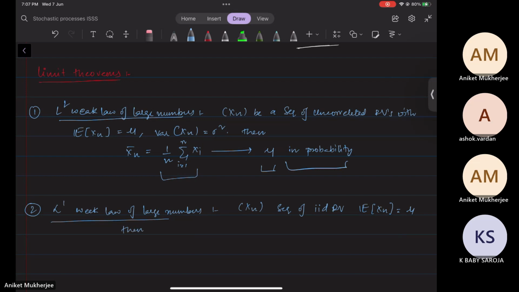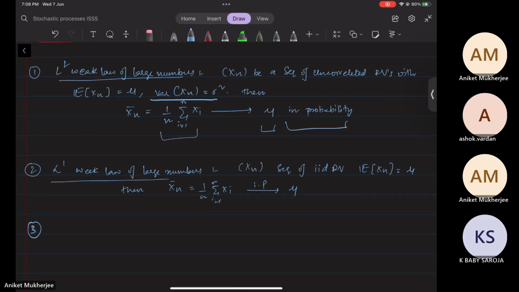Then the sample mean, 1/n summation xi, i equal to 1 to n, converges in probability to mu. As you can see from the above theorem to the below theorem, here you need bounded variance. Here you don't need a bounded variance. So even if the variance is unbounded, what this law is saying is that it will converge in probability.